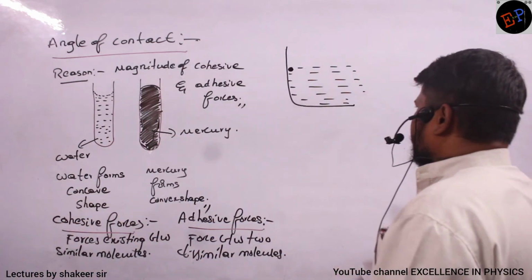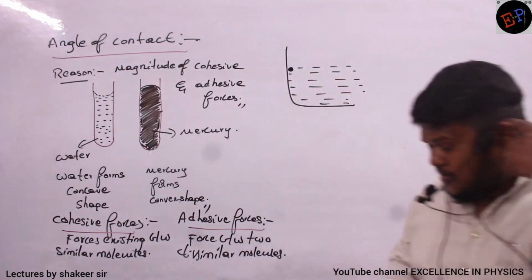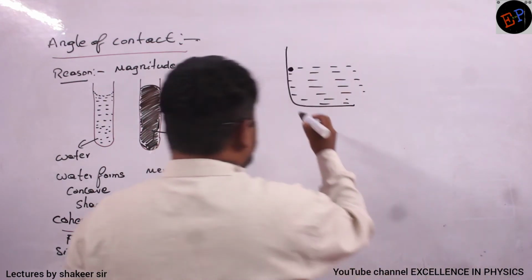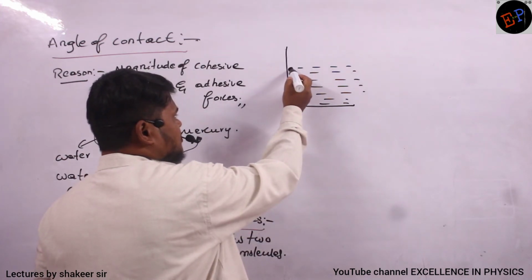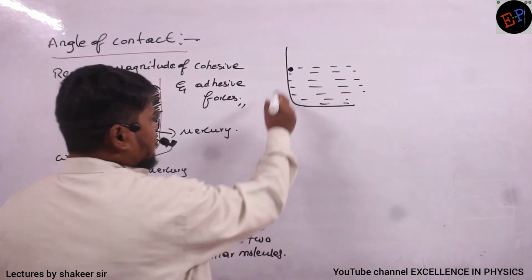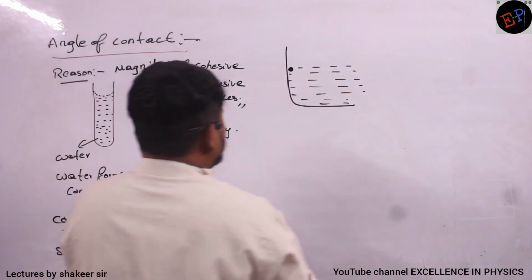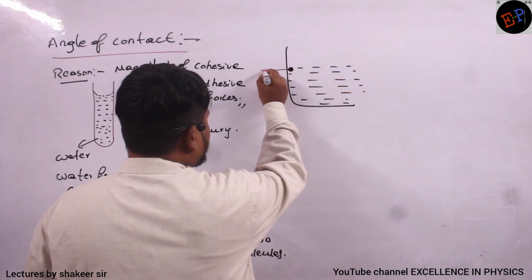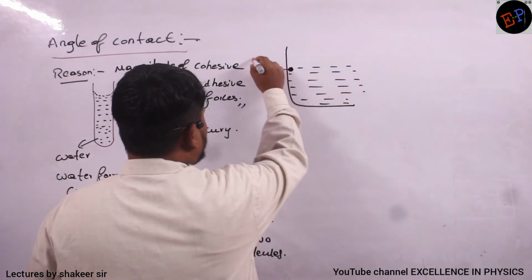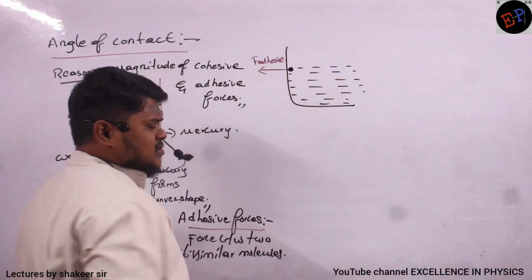Now, for example, this is a tank of water. Let us consider one molecule present on the topmost surface, in contact with this beaker. How many forces will this molecule experience? It experiences the adhesive force. Adhesive force between what and what?